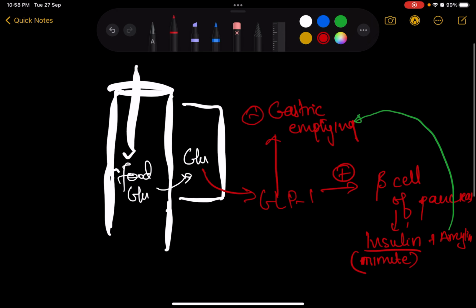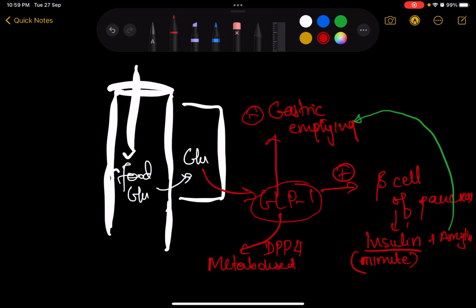What is more important is that this GLP is metabolized by something called DPP4 in plasma, because obviously it's in blood. Because there's a lot of DPP4, GLP is a short acting molecule.